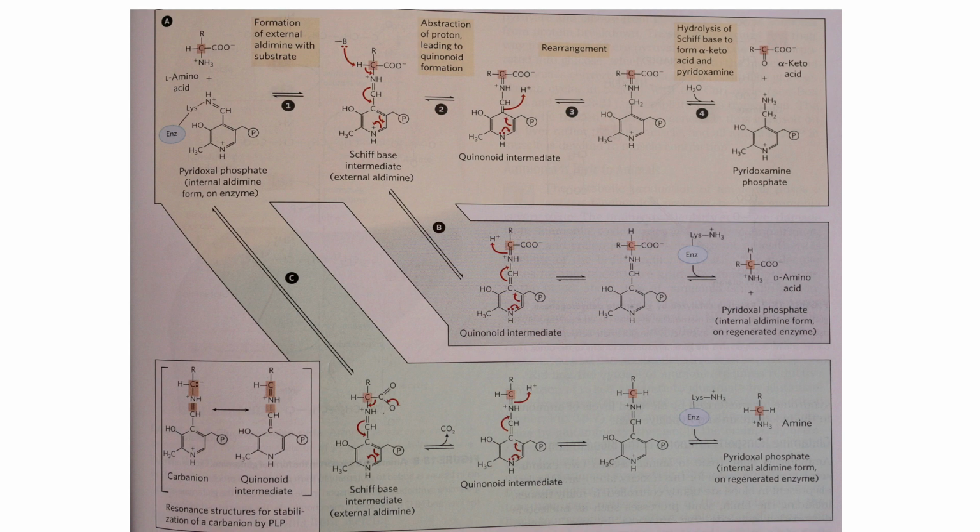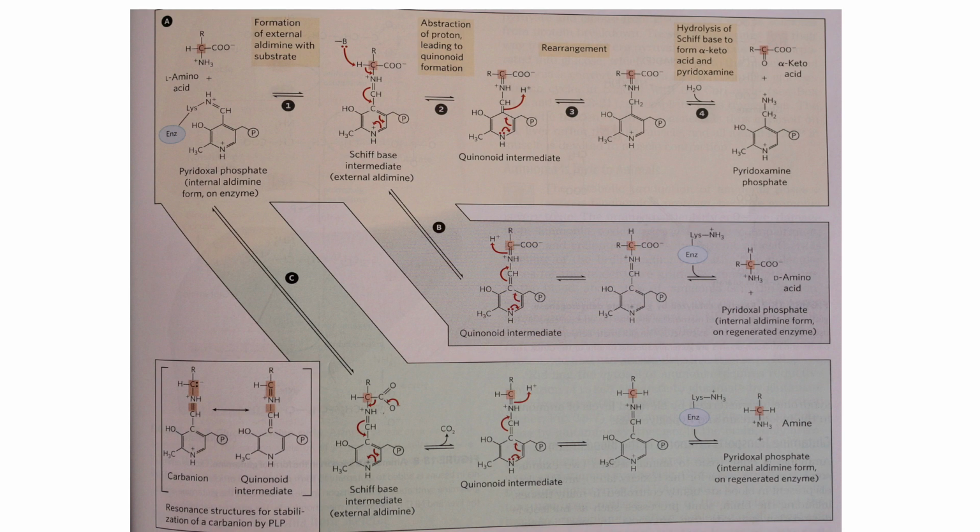You've got the enzyme right here, and this moiety here, and a Schiff base intermediate is formed. We're looking at the end point of the pyridoxal phosphate, occurring right there. This is the Schiff base. You have an abstraction of a proton.